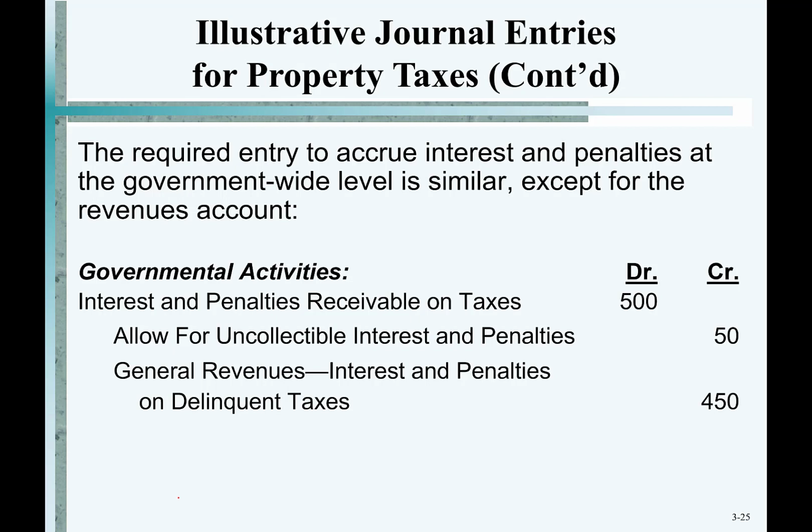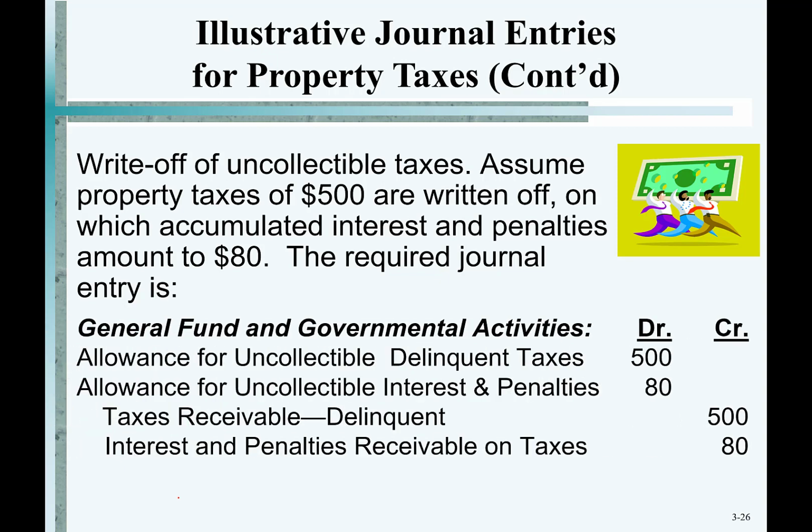Now, some people are very stubborn, and they don't pay us. If somebody doesn't pay you, eventually you will write off those receivables. To write off the receivable, you credit the receivable, you debit the allowance, don't you?